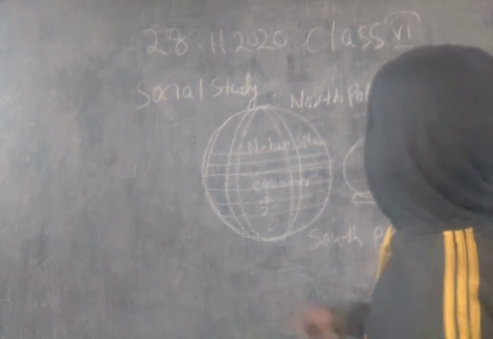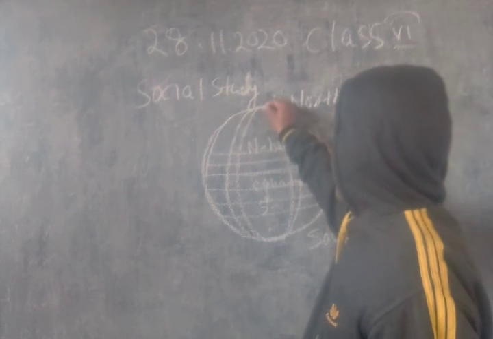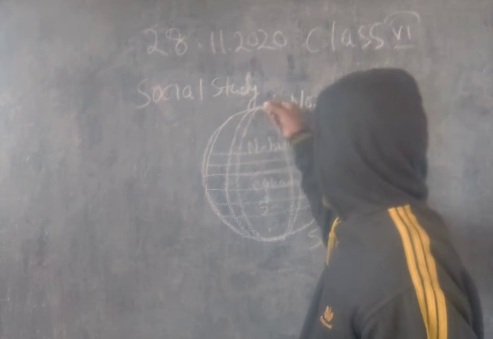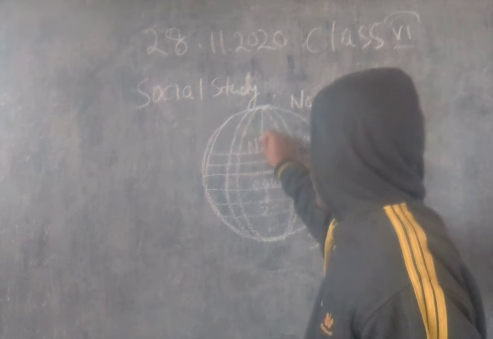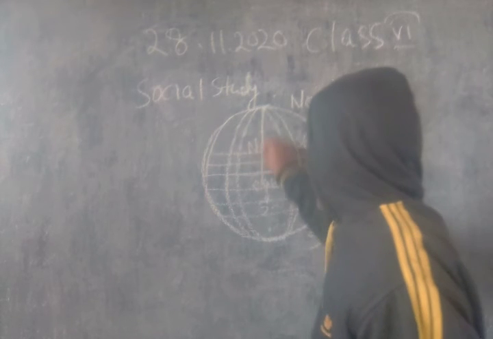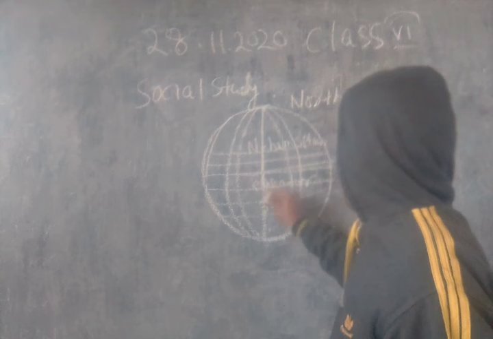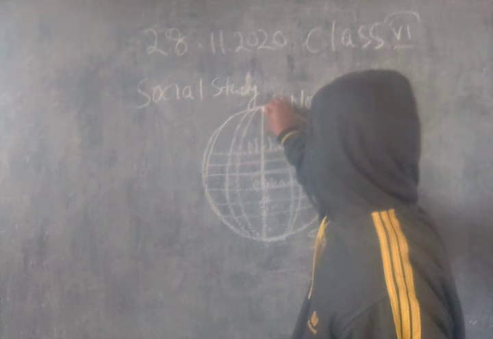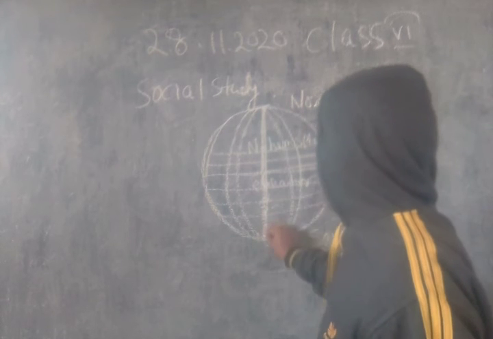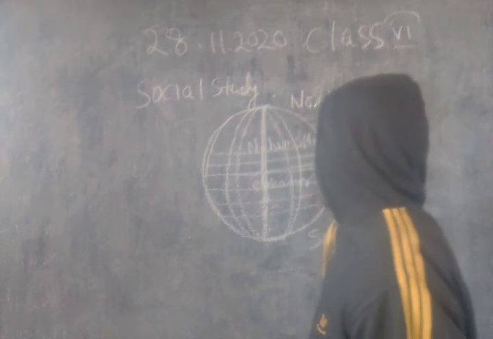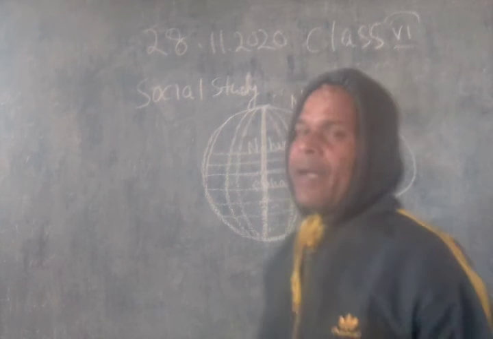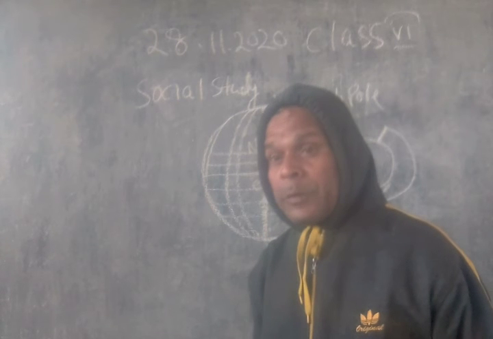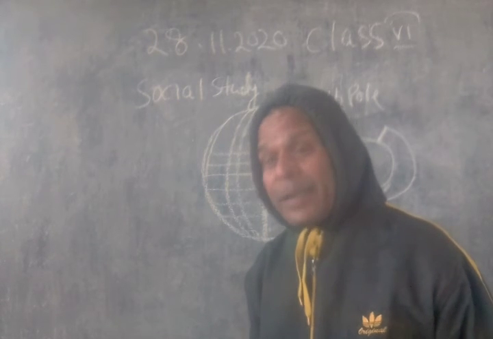It has one axis. This is the axis. It is not drawn, but really the earth has one axis around which it moves, and it causes day and night, because it moves around its own axis.